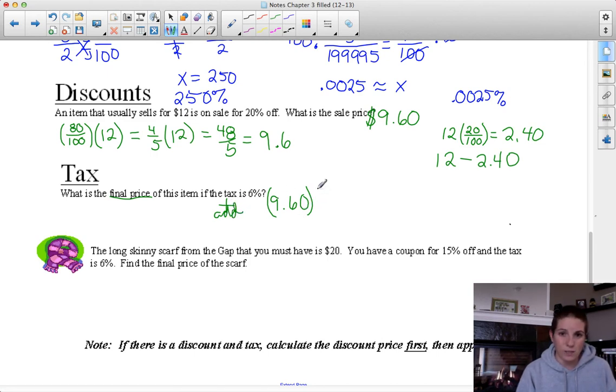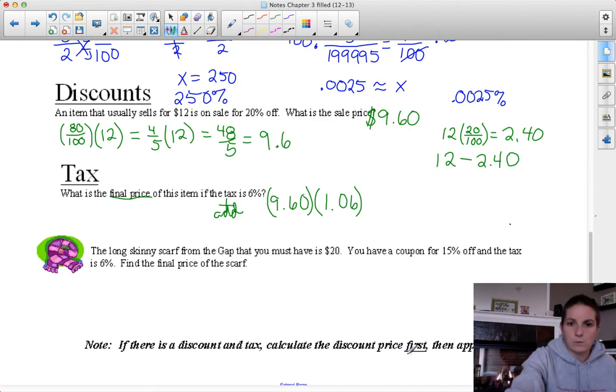But because we're going to do this problem in our calculator, we can also think of that as paying for not just 6%, but 106% of an item. We could do this multiplication, $9.60 times 106%. I don't know what that is off the top of my head, so let's take a look here. Clear all this out.